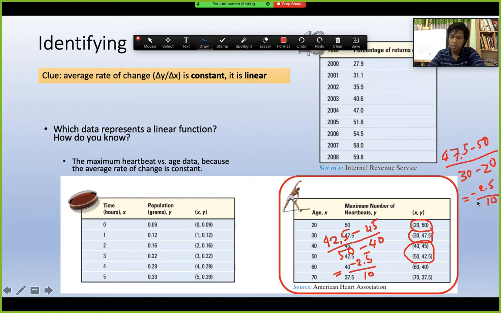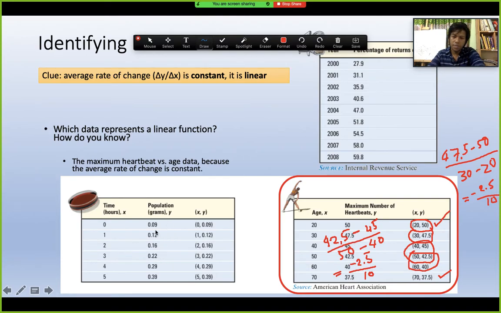You can see this answer and the previous answer are the same. If you do it for all other points, or even take this point and this point, the answer will still be minus 2.5 divided by 10 for all the values. Then we will say that this is linear.